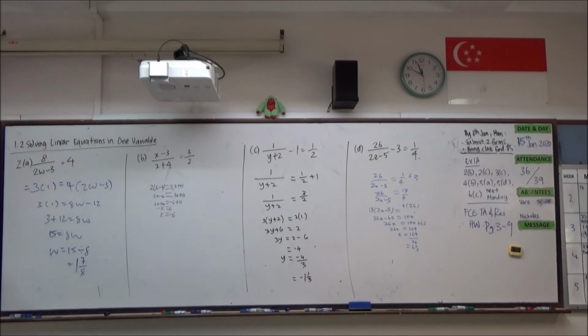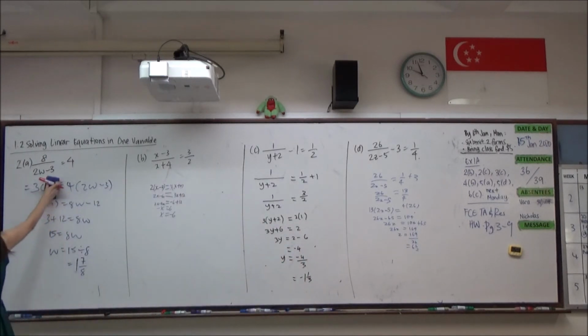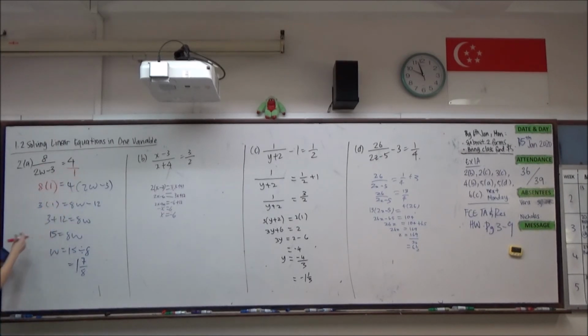It's a question different from mine. So 3 times 1 is not correct, right? So what should it be, Peter? Oh wait, oh yeah, 8 times 1. Should be 8 times 1, right? Alright, so 8 times 1.